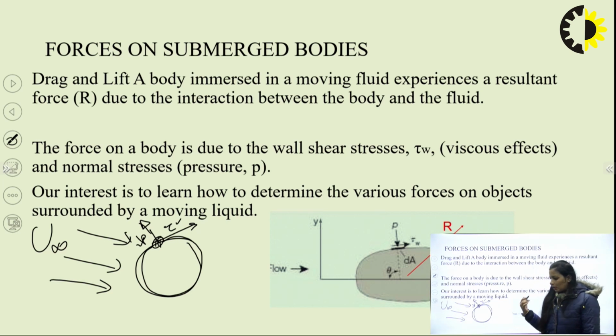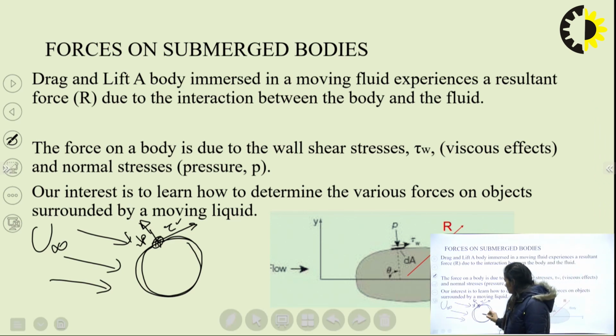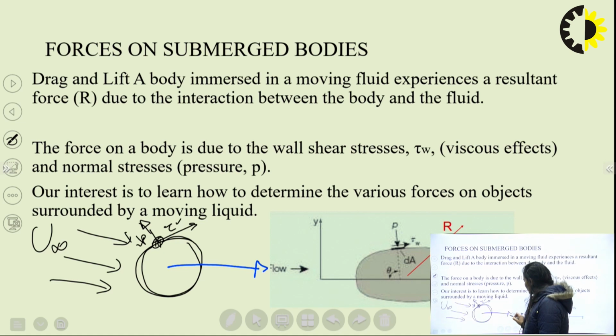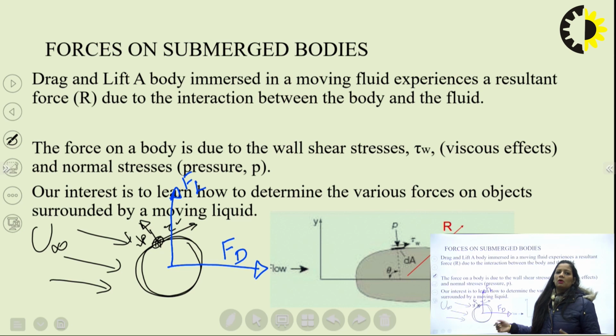But when we talk about horizontal and vertical force, I am taking the total horizontal force in this direction and calling it Fd, and there is another force acting normal to the surface. The summation of horizontal forces will be called Fd, or drag force. The summation of vertical forces you can call Fn, or lift force.